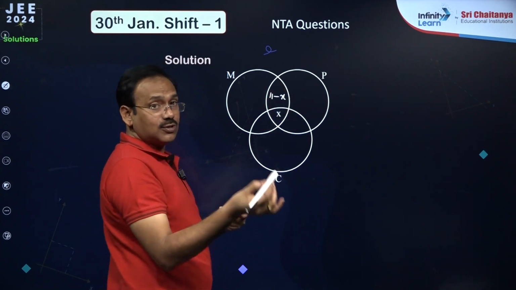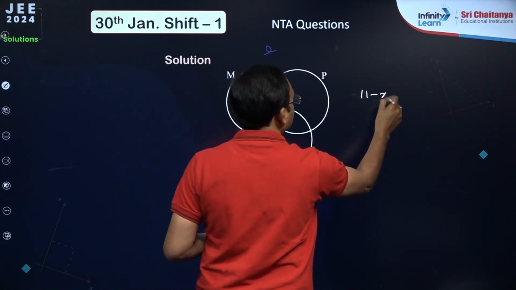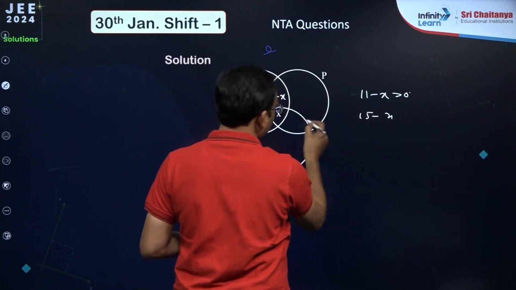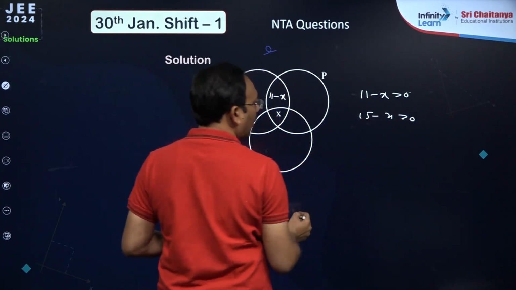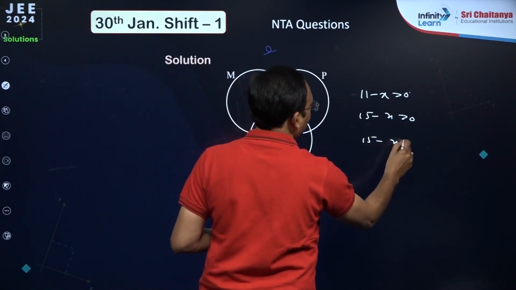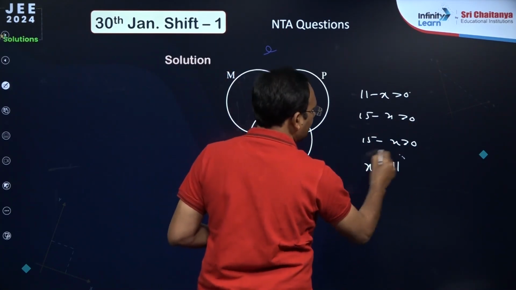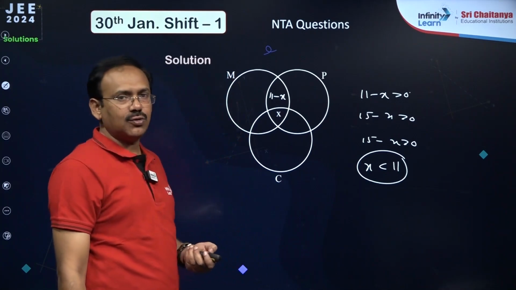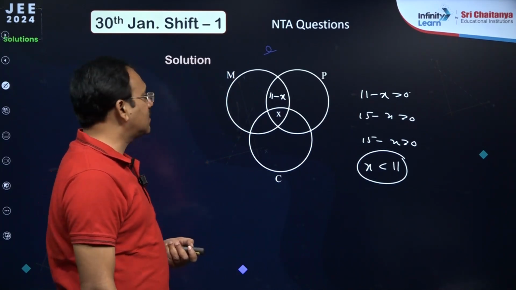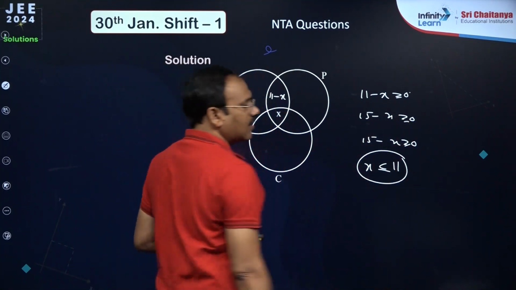At most means if you take maximum, 11 minus x. This 11 minus x must be positive, my dear friends. Similarly, 15 minus x here must be positive. That is, another is also 15 minus x. If you take all the things positive, x is less than 11 is the common observation you are going to get. Okay, x is less than or equal to 11.